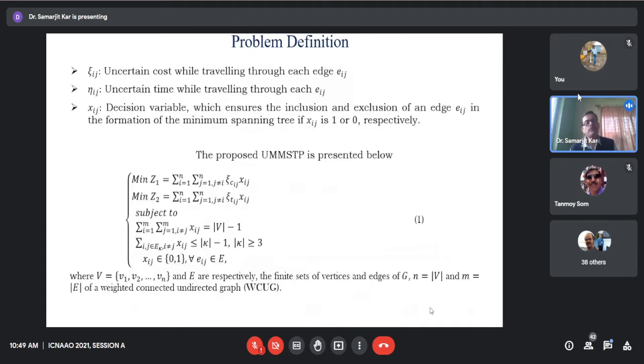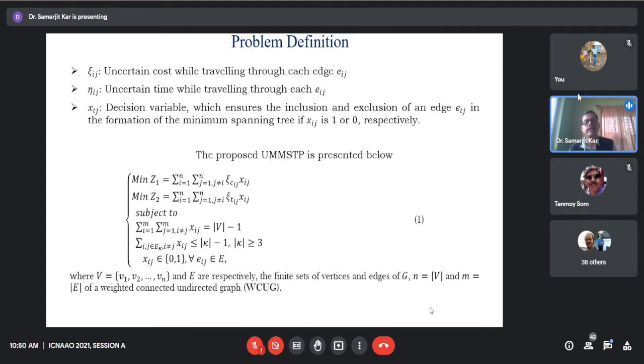So this is our problem definition. The mathematical model is very simple. There are two objectives: the first objective is minimizing the cost, and the second objective is minimizing the time. And there are two constraints. The first constraint is the tree constraint, that is the number of edges equals the number of vertices minus 1, and the second constraint is the loop elimination constraint, that means a cycle elimination constraint.